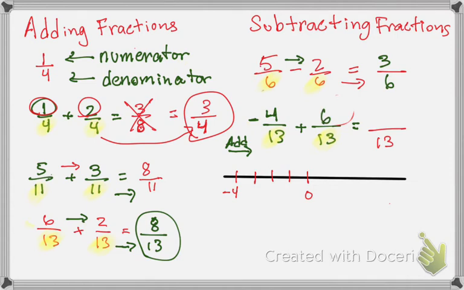Let's go ahead and count. You start off at -4, so you go 1, 2, 3, 4, 5, 6. So you end up at 2. So -4 plus 6 is equal to 2. So you get 2 over 13.